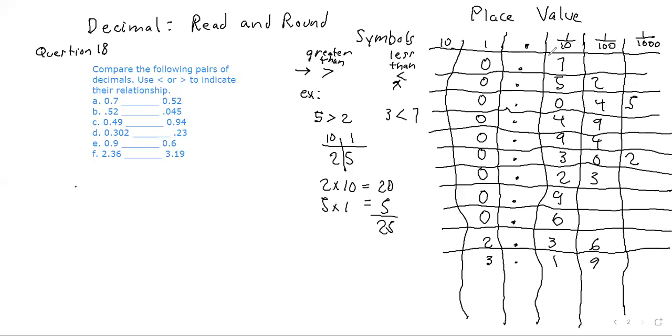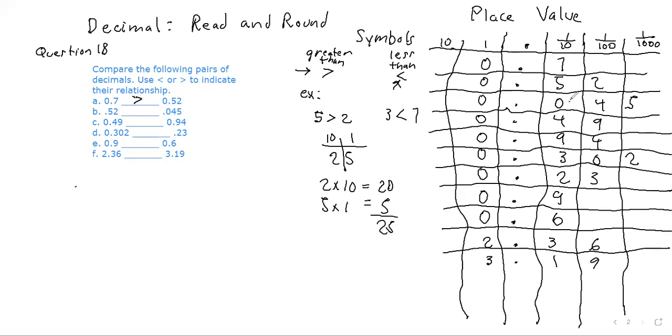So between 0.7 and 0.52, we look at the 1/10 place value, we see that we have 7 and 5. So 7 is greater than 5, thus 0.7 is greater than 0.52.